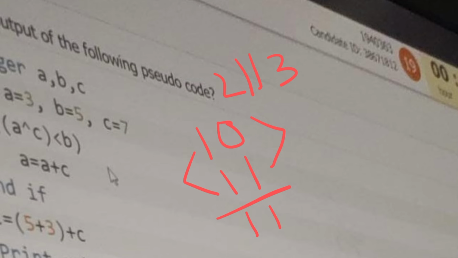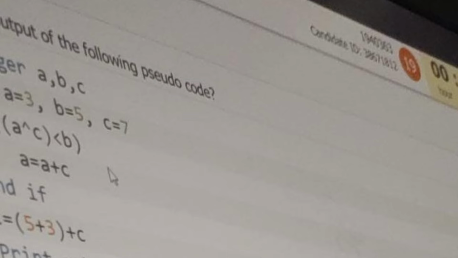Okay, so let's go to the XOR operation. So let's say you are performing XOR operation between 2 and 3. So in XOR operation, if both the statements are true or both the statements are false, then the whole statement is false. Okay, so 2 means 10 and 3 means 11.